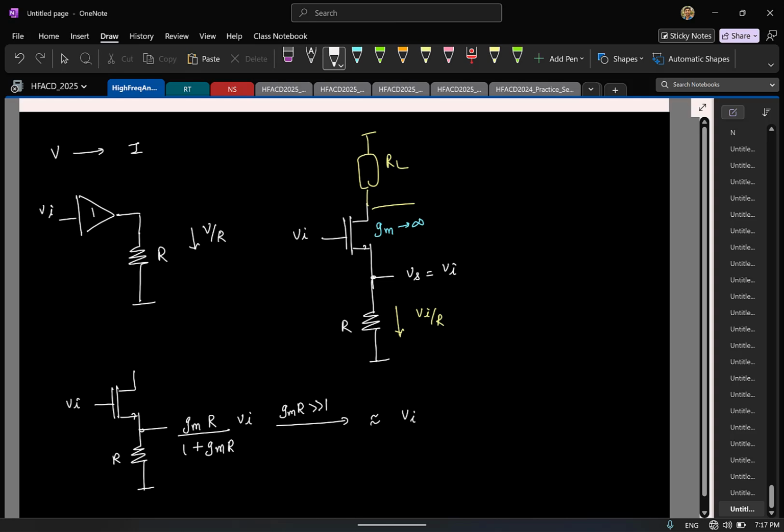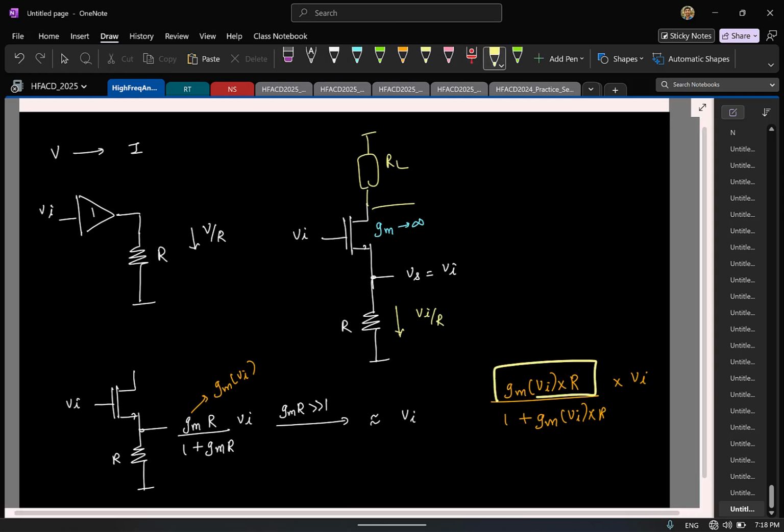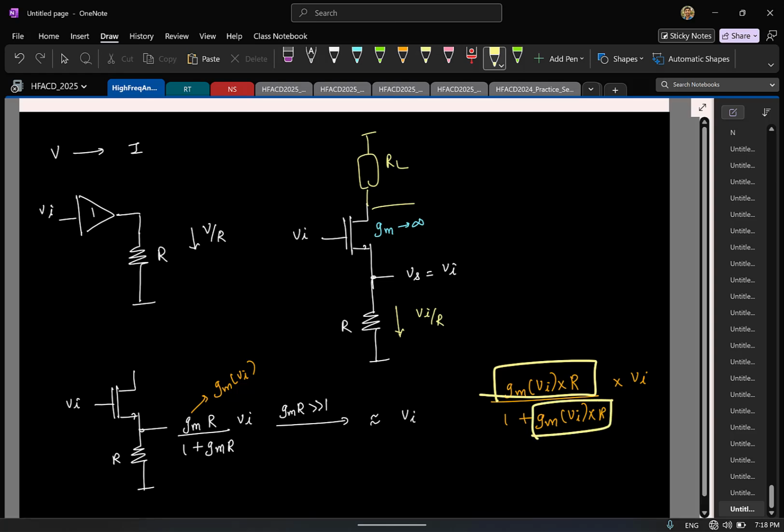The important thing to note here is that this GM can be nonlinear, that is, GM can be GM of Vi. Even so, the voltage you get there will be GM of Vi times R by 1 plus GM of Vi times R. Even if the GM has dependence on the input, as long as GM times R is much greater than 1, you can still approximate this to be Vi.